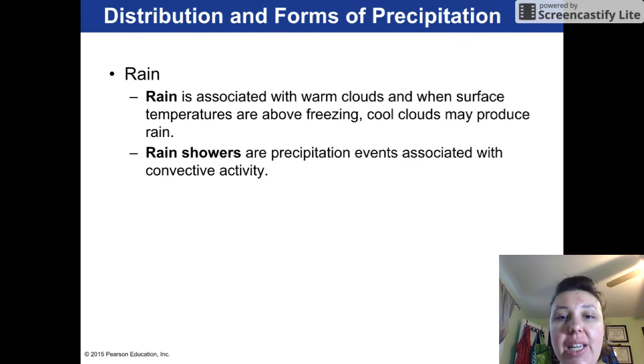Rain is associated with warm cloud process, but once again, the cold cloud process can produce both snow and rain because the snow crystal can come out of the clouds and melt. So, it can be both. But rain is most commonly associated with warm cloud process, and warm cloud process is going to make rain.